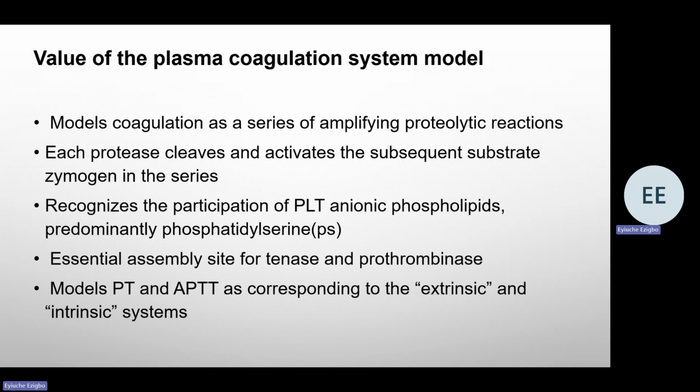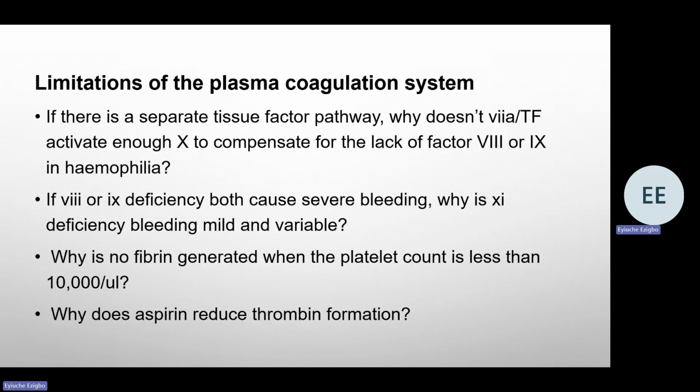The plasma coagulation model also shows the essential assembly site for tenase and prothrombinase. It also models the PT and APTT as corresponding to the extrinsic and the intrinsic pathways. So these are some of the concepts of the plasma coagulation pathways.